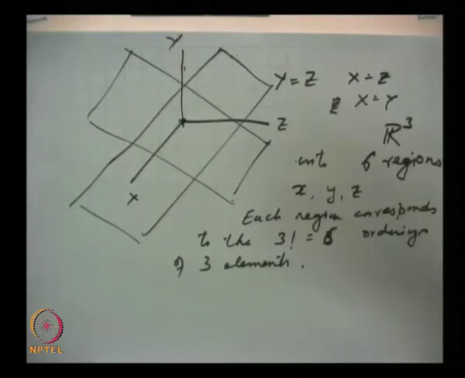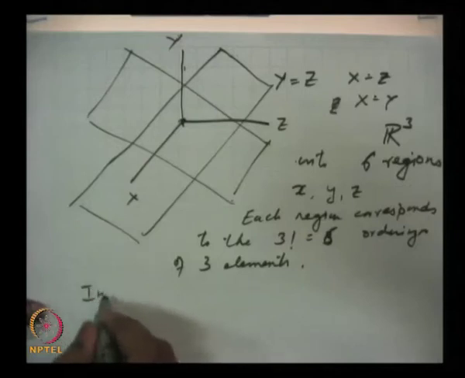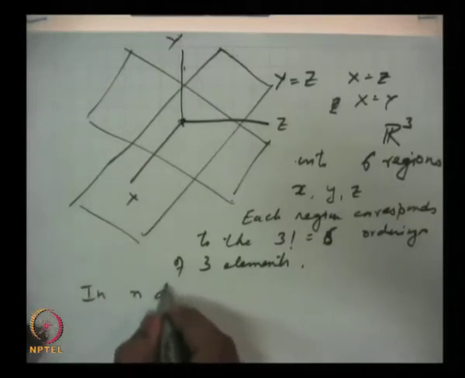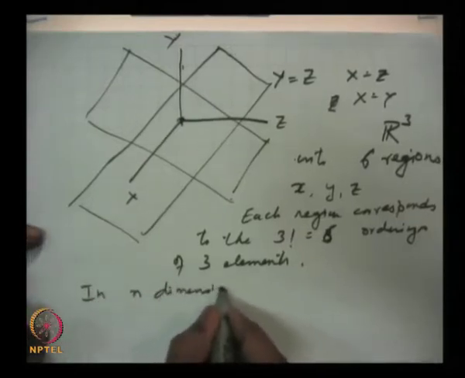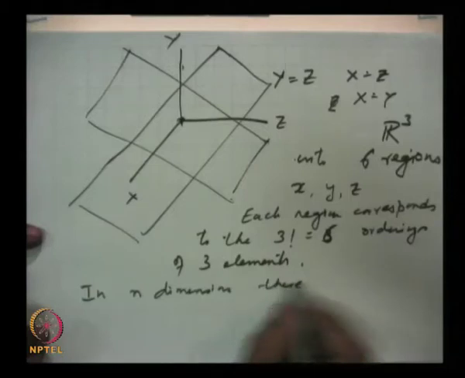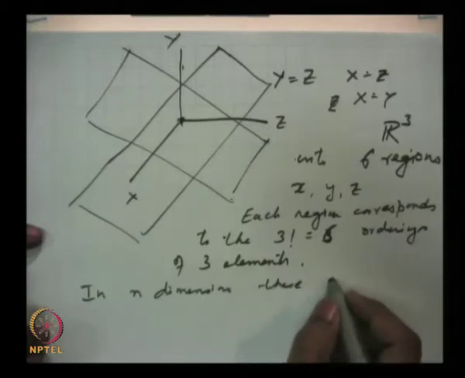So, when you go to n dimensions, the given input is an n dimensional point. The input of n elements can be thought of as a point in n dimensions. Then analogously in n dimensions, how many such regions are there? n factorial, right?